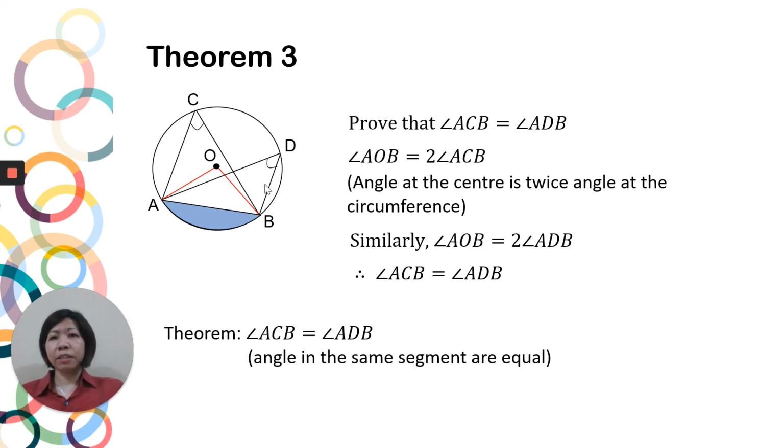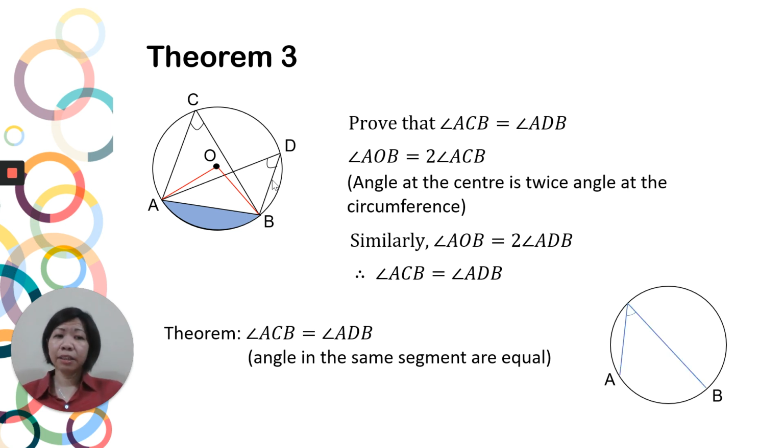So practically, this theorem 3 says that any angle at the circumference that you draw inside the major segment, which is the white section here, will always have equal size. Look at another diagram here on the bottom right of the screen. I tried to inscribe an angle out of point A and point B. This angle will always be equal to any other angle at the circumference that is located in the white segment. I hope you can see this clearly.